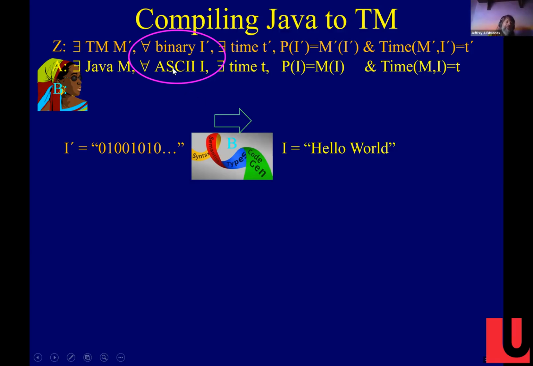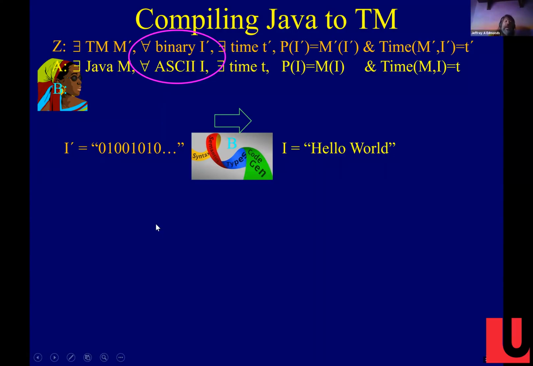If you don't know what ASCII is, it's American something. I don't know what it stands for, but it's the code for the way we type letters. ASCII means letters and numbers as you know it. So here's an ASCII string, hello world. Here's a binary string. And you can all imagine that there's a way to convert this into this. In fact, there's a table that tells you what binary string is H, what binary string is E. Everybody good with that?